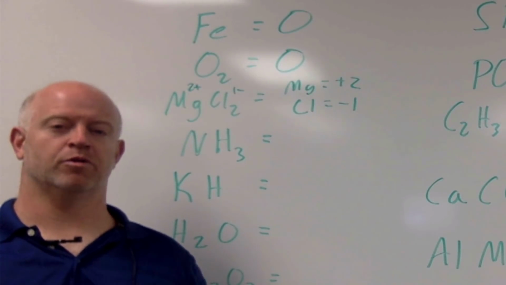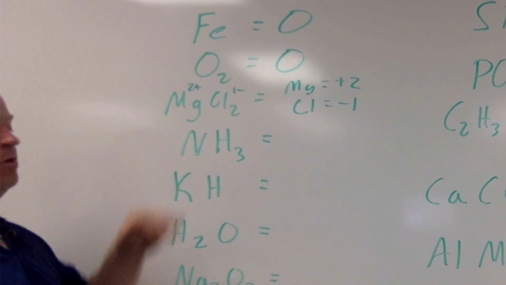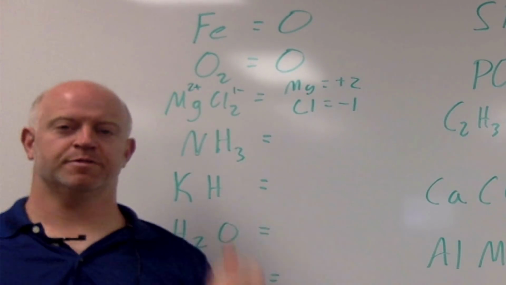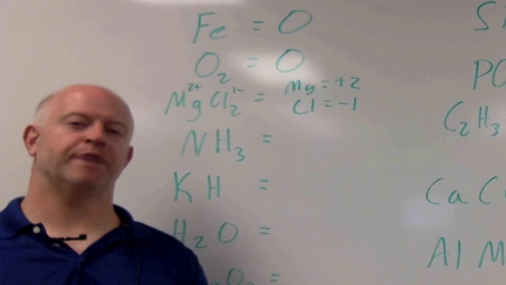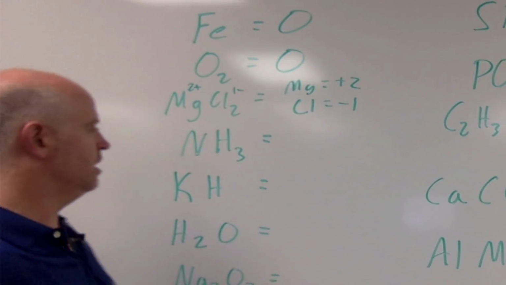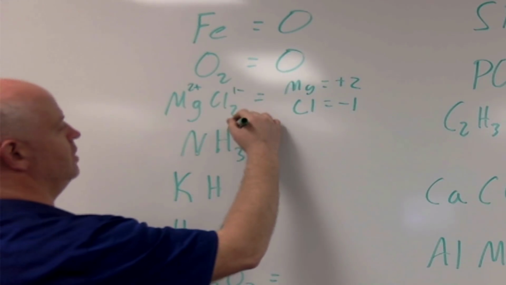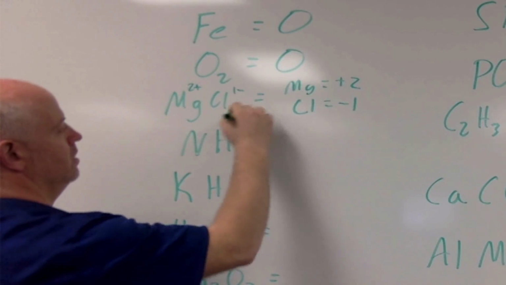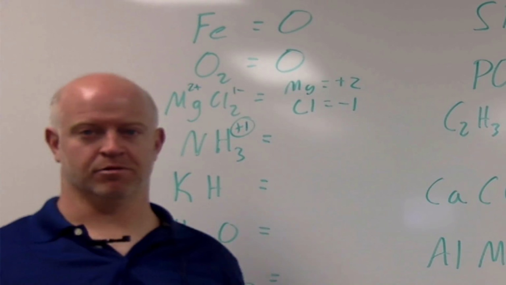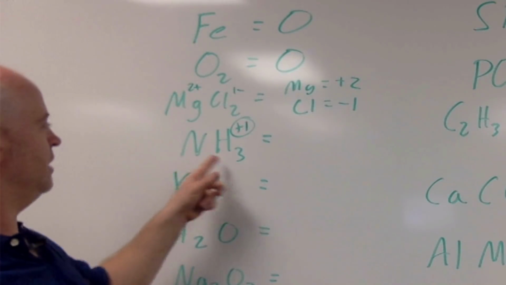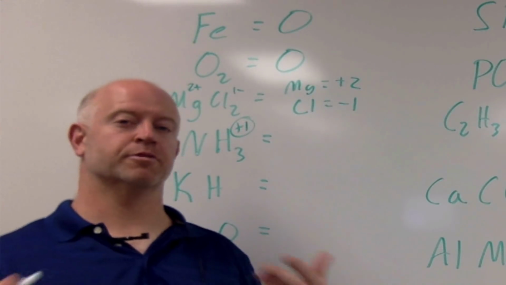So instead, we go back to our rules. For hydrogen, we're going to look at that one first because we have no specific rule for nitrogen. So we're going to base nitrogen off of what hydrogen can do. Hydrogen is always a +1, unless it's a metal hydride. Right now it's not a metal with hydrogen, so it's not a metal hydride, so it's a +1.